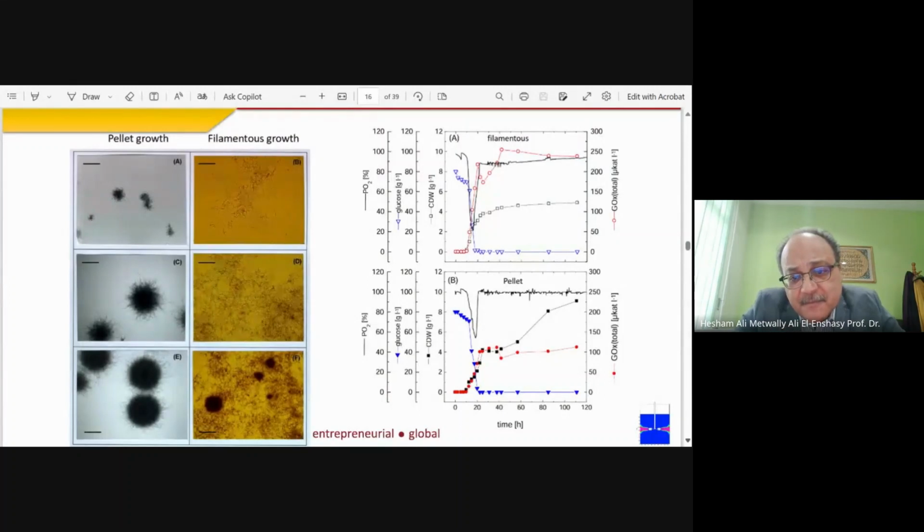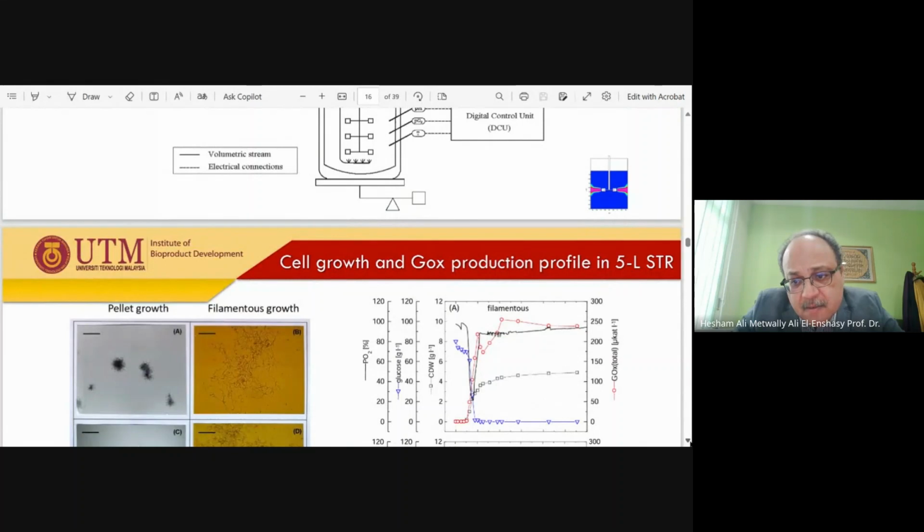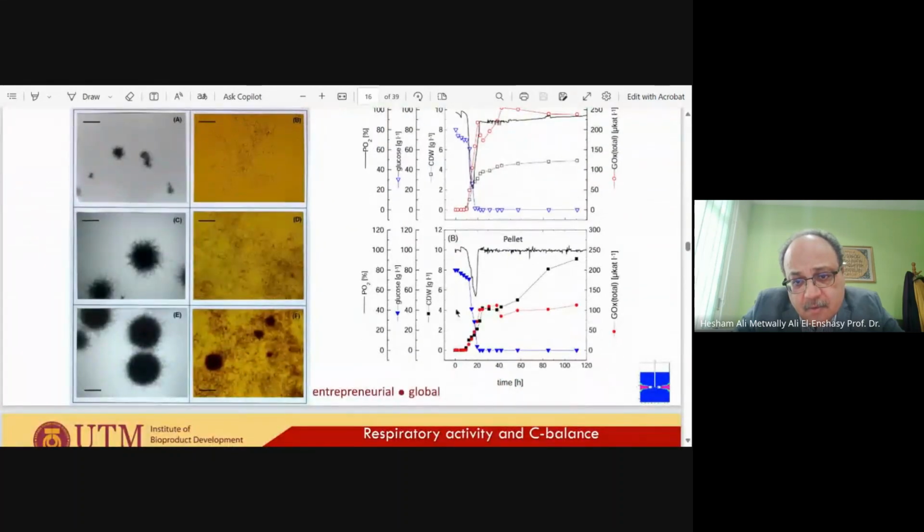I can see here the dissolved oxygen value. You see, the drop is too much. It means the cells are very active compared to this one. This one is more deep. Dissolved oxygen here reaches almost 20% saturation. This one does not go below 60%.